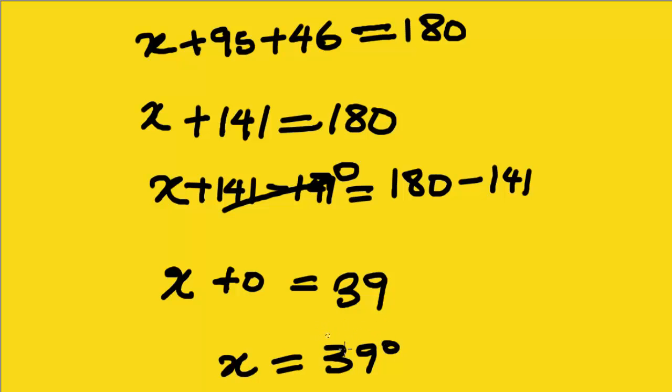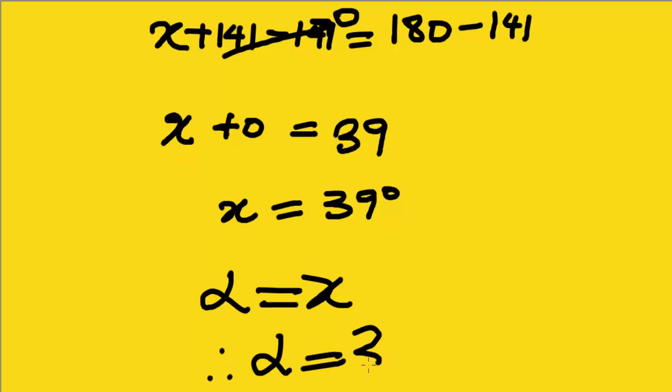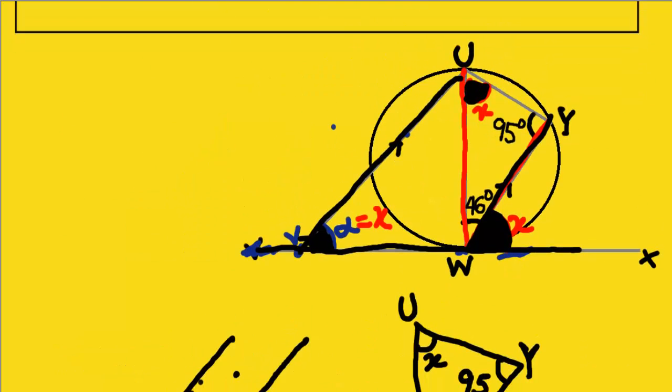And as I've shown you previously, alpha is X. We deduced that using the corresponding angles rule. Alpha is equal to X, therefore alpha is 39 degrees. So I'll just go back to the diagram and say what I just did.